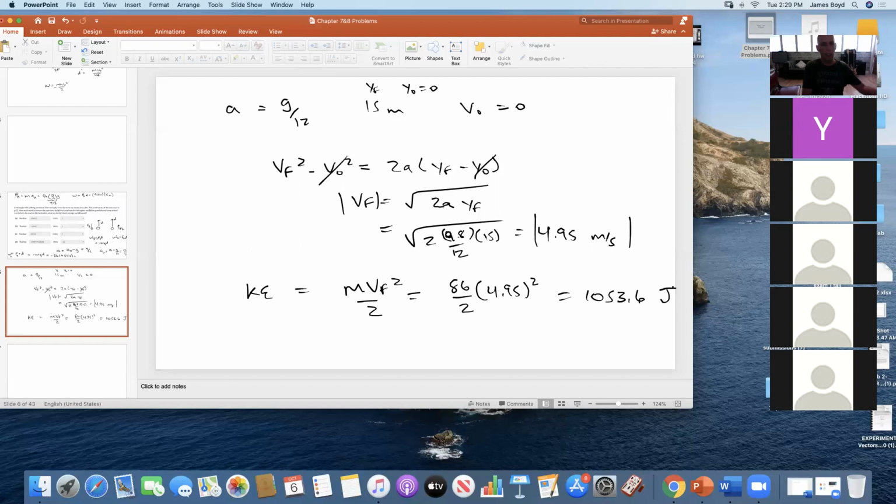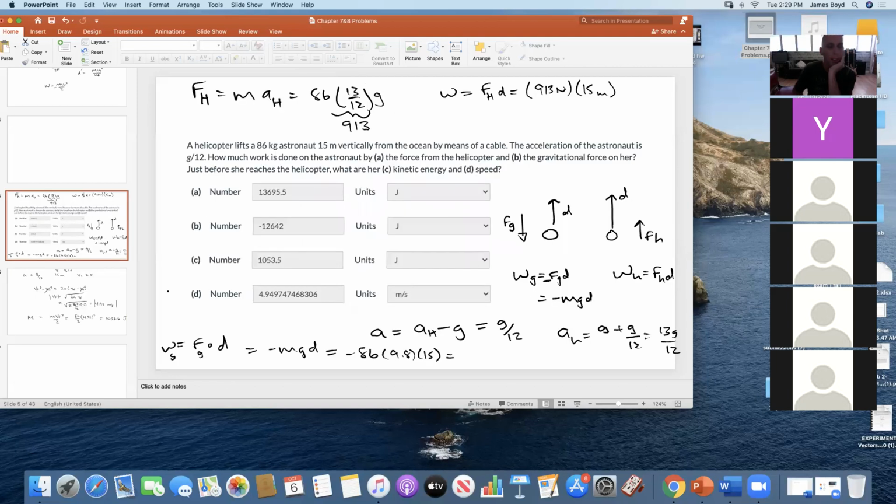So this was her kinetic energy at the top, and 4.95 was her speed at the top. I went backwards to solve it, but you could have solved it either way, and I wanted to show you that.